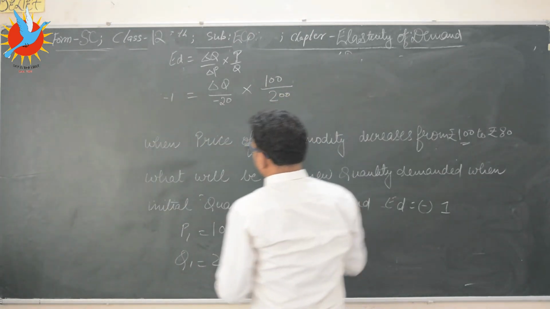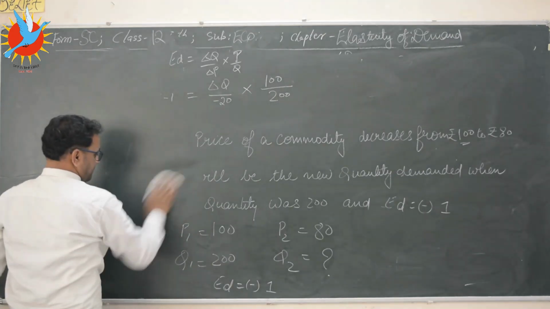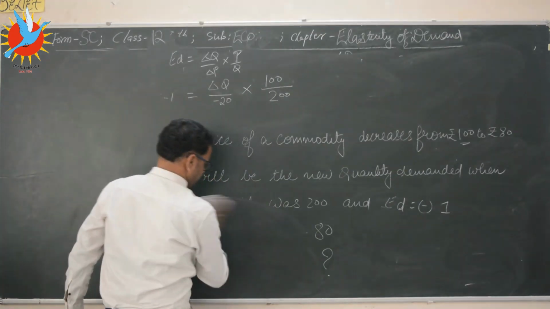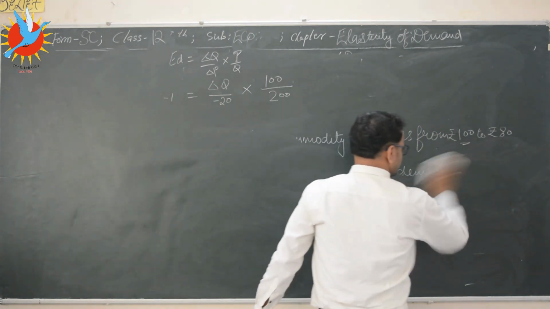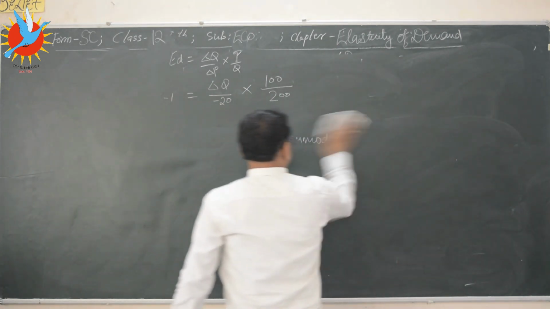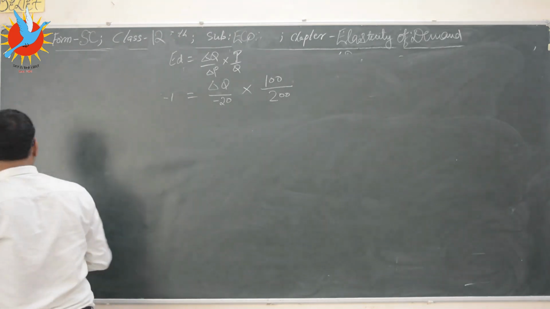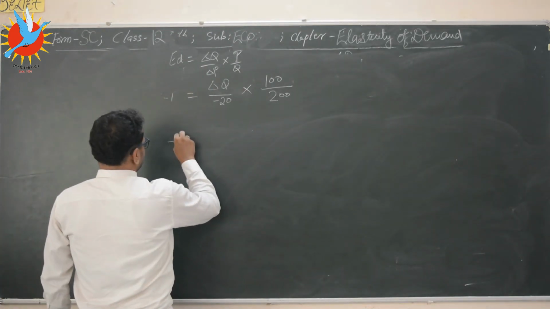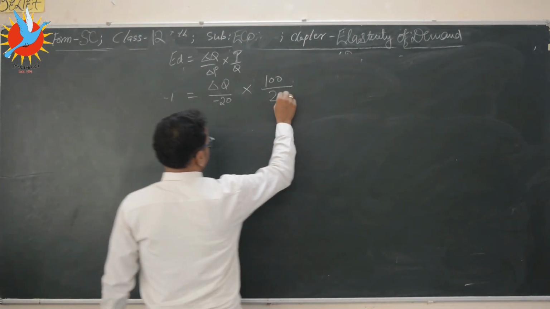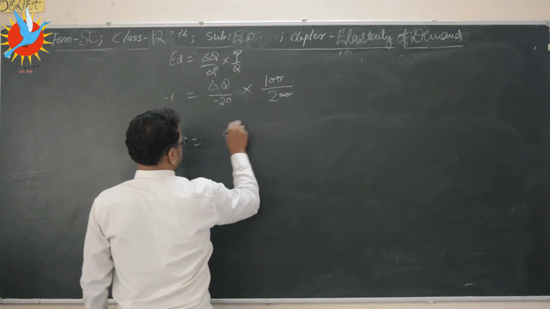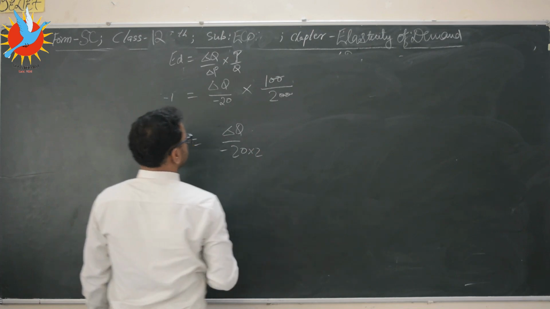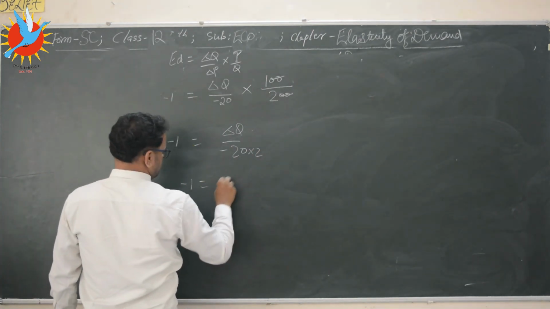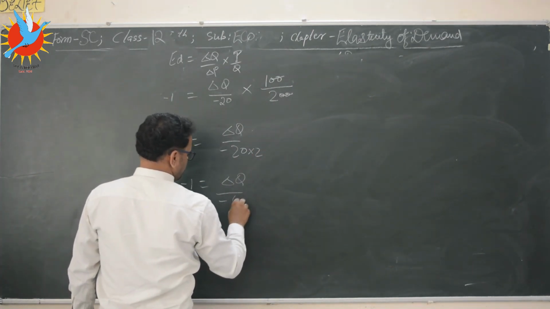So it becomes minus 1 into delta Q upon minus 20 into 2, means minus 1 is equal to delta Q upon minus 40.